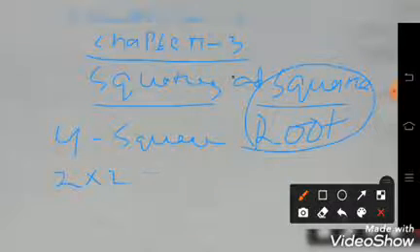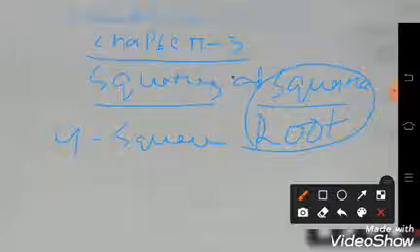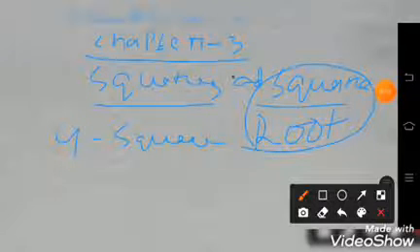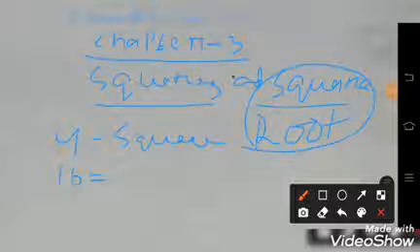Same as this, we can do it with 16. 16 is the square of what number?